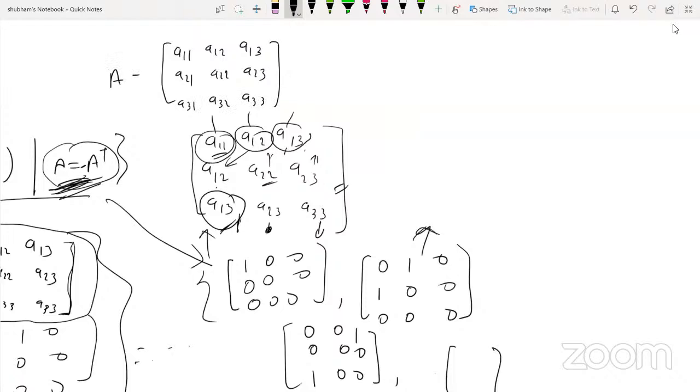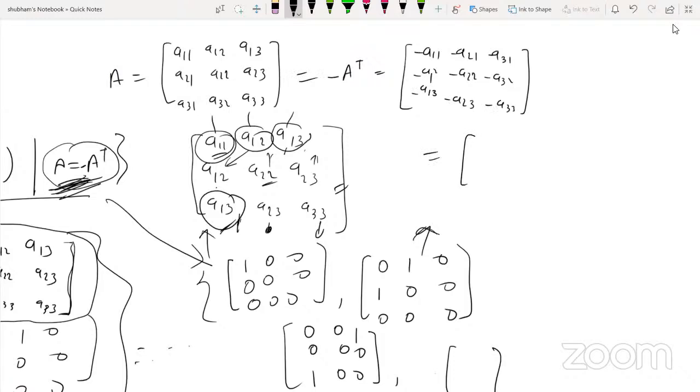This is your matrix. Now take the transpose of it. It will be A11, A12, A13, A21, A22, A23, A31, A32, A33. It says it should be equal to the minus term, so put minus everywhere. And it says these two are equal.